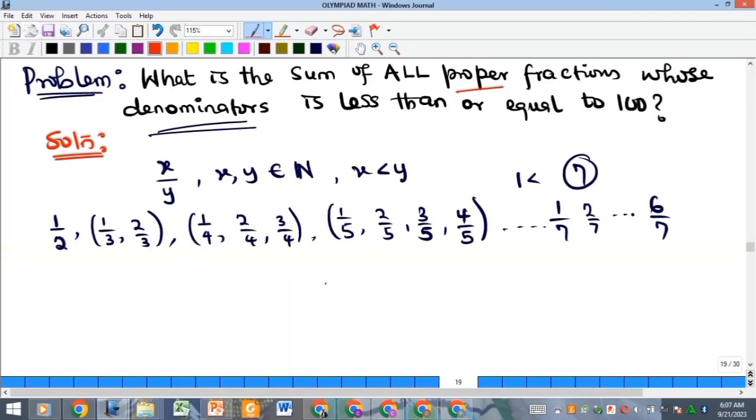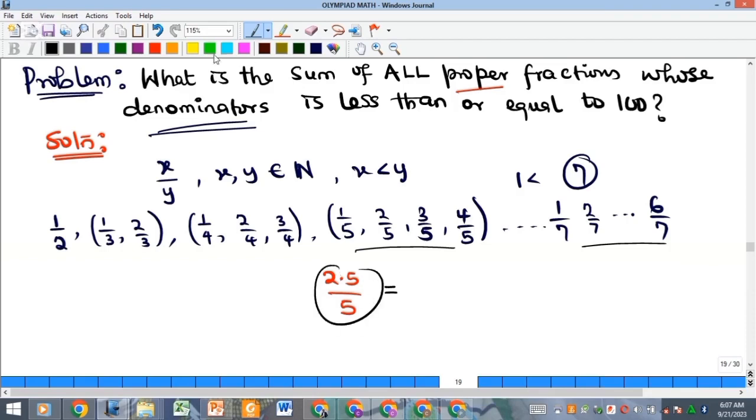If I have something like 2.5 over 5, is this not a proper fraction? Of course it is, but you must note that no matter what numerator you have, even if it is a decimal, if you convert it you will still get another fraction that falls under all of these. Remember the next set will be the ones with denominators 8, 9, 10, 11, 12, down to 100.